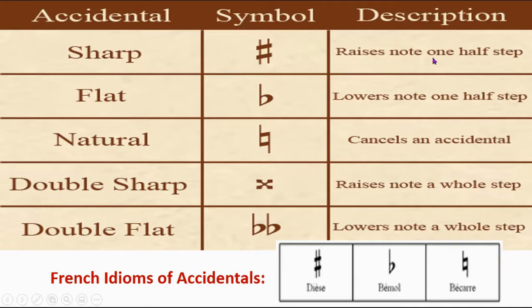It means that, let's say, if I had a do before and I put a sharp before the note, then I will have do sharp, or C sharp.